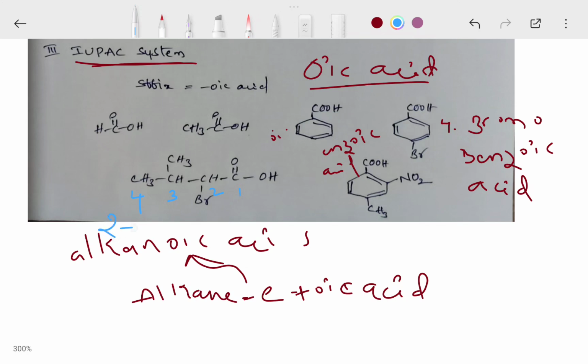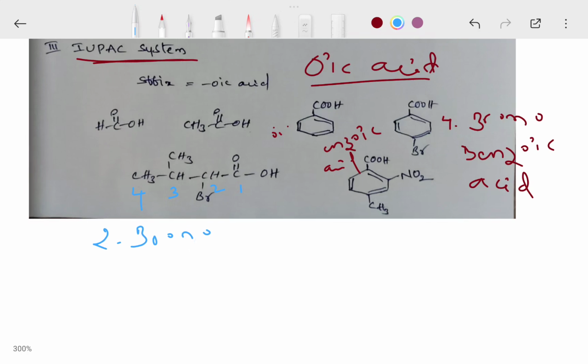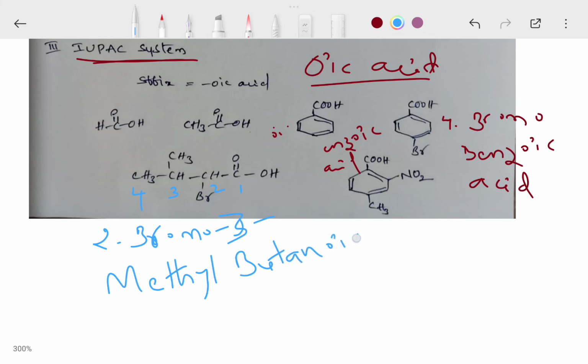You can call it 2-bromo-3-methylbutanoic acid.